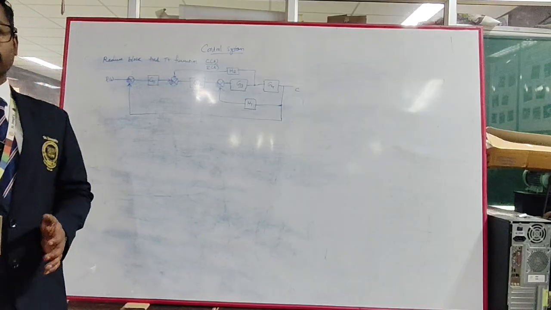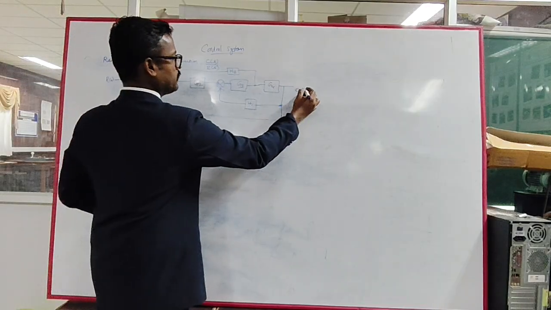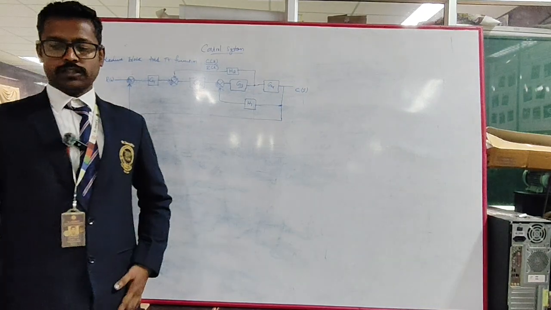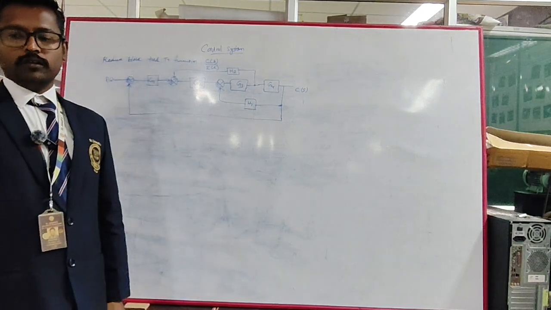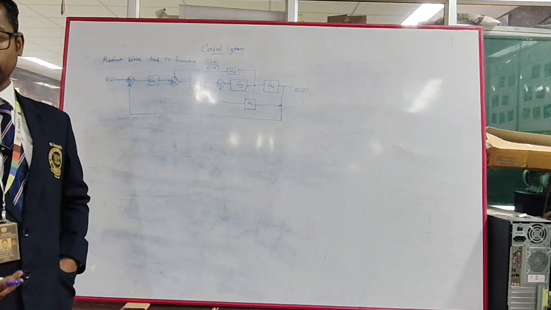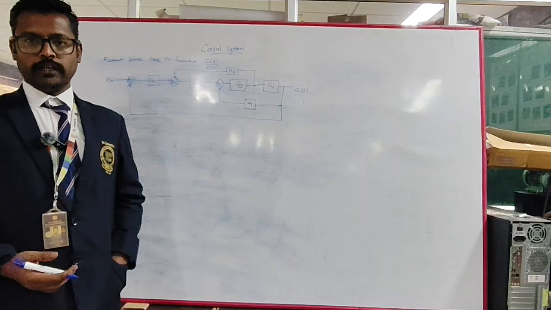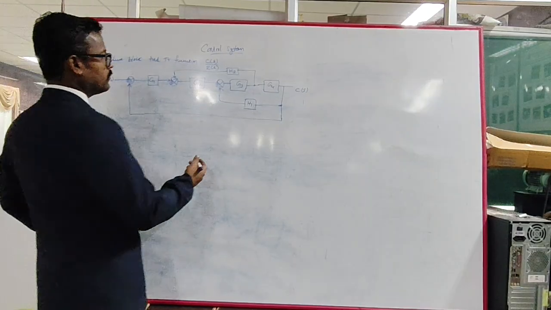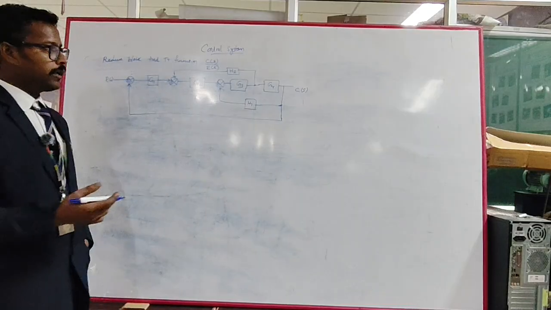So now we are going to reduce this block diagram. The output is C of S by R of S, and we have to derive it. That is the block diagram reduction we need to solve. First, we are going to move a branch point before a block.